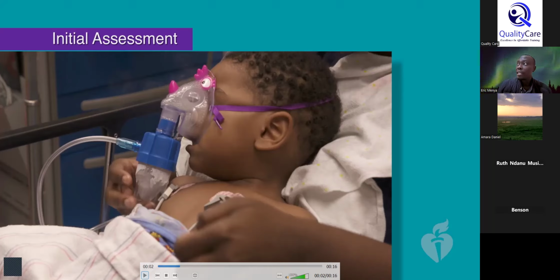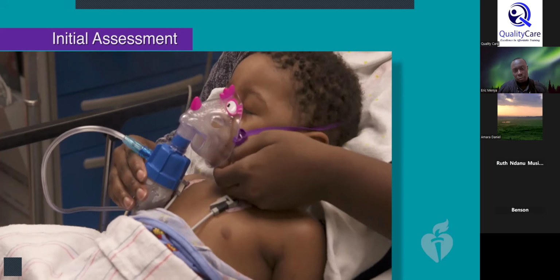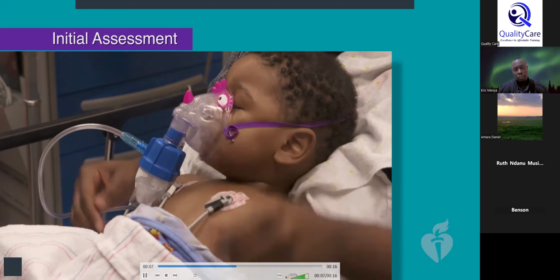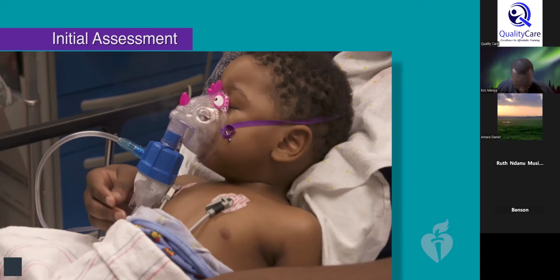So what about the appearance? In terms of the tone, it appears to be abnormal because the child is just lying there. So reduced tone. Are they interactive? They're not interactive.